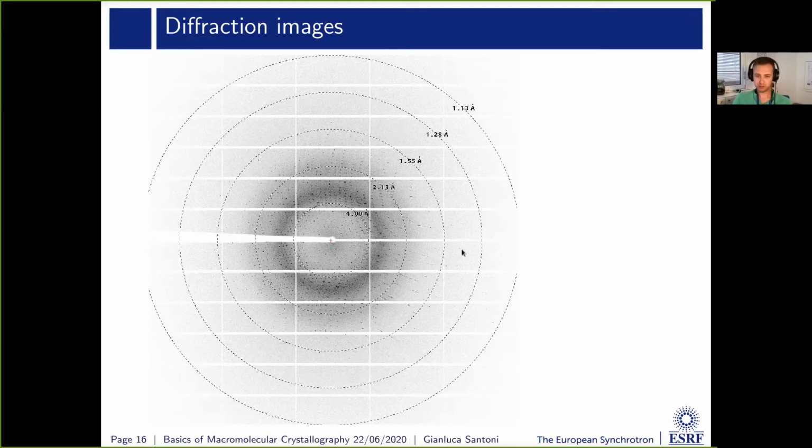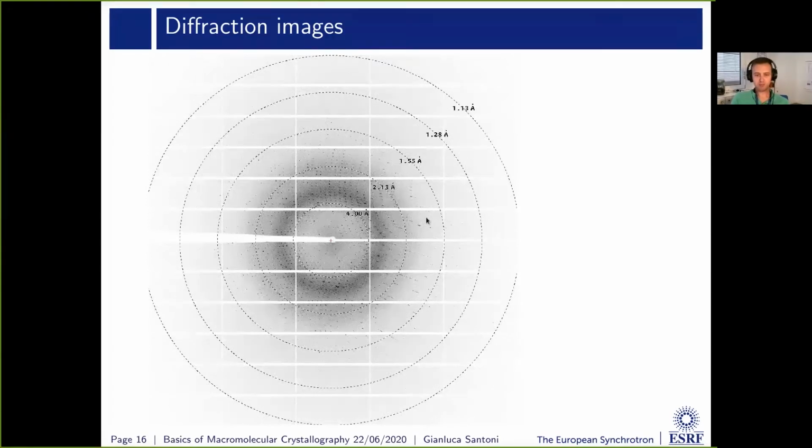So as you see here, for example, in this image, the detector was set probably, I will guess, at 1.15 angstrom, because the 1.13 circle just goes out by a very small value. And it's very difficult to see here, but there are spots up to 1.15 roughly. So this is one of the cases where the resolution was set at the edge of the detector to collect the most spots possible.